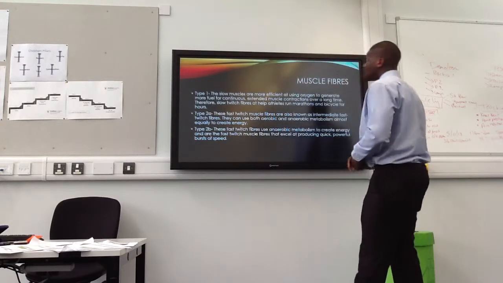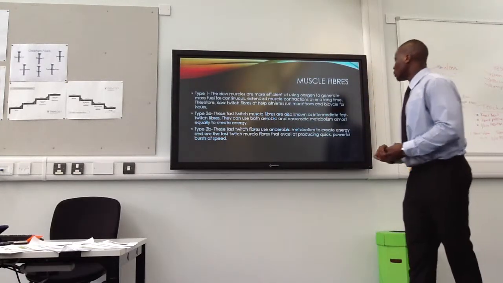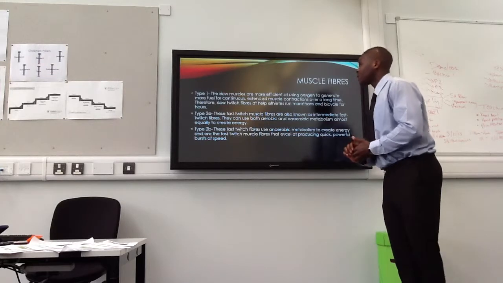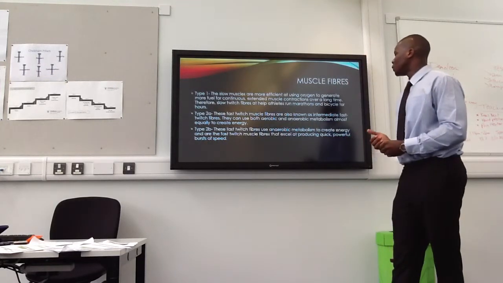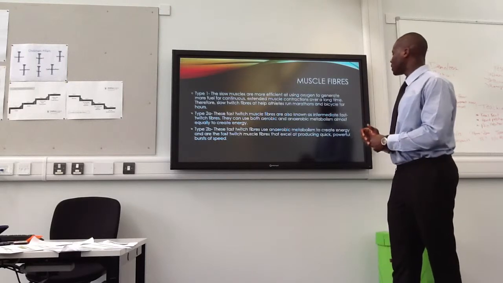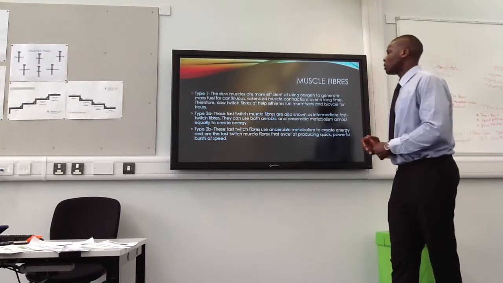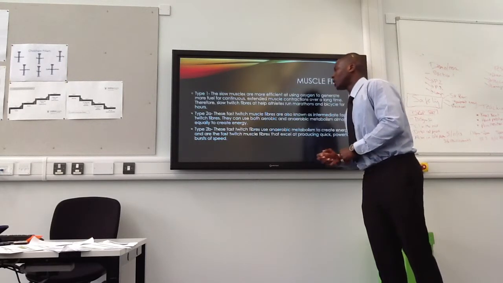Type 2A are fast-twitch fibers, also known as intermediate fast-twitch fibers. They can use both aerobic and anaerobic metabolism almost equally to create energy.